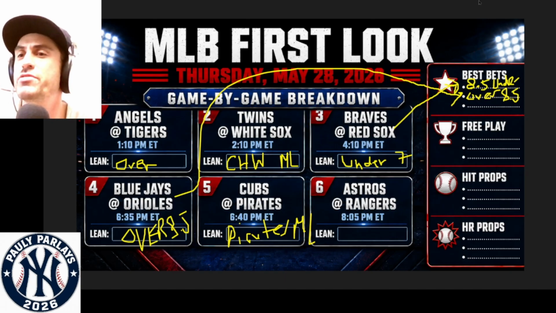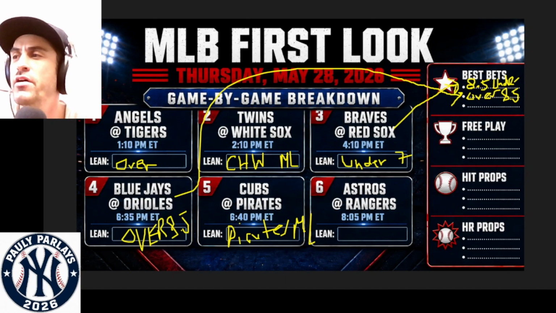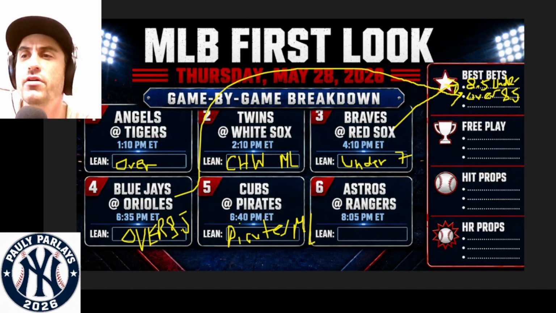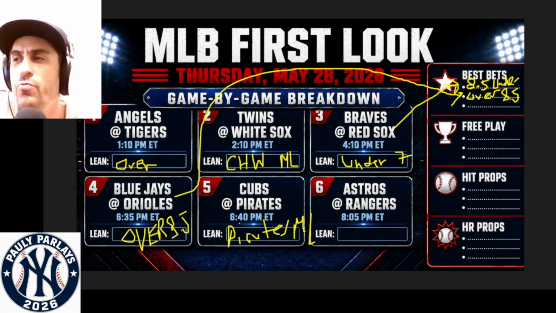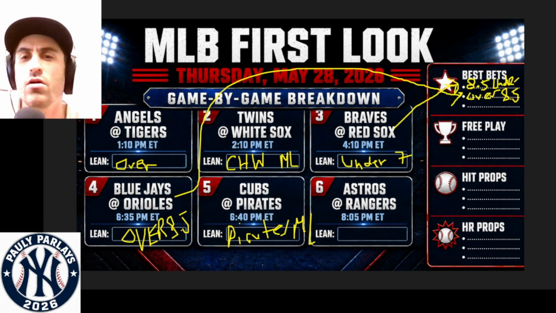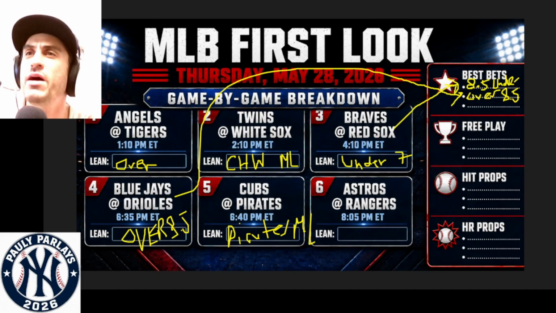Astros at Rangers. The AI is pointing to the Astros, believe it or not. We got Spencer Arrighetti on the mound, and he's pitching overall pretty well. On the flip side, Nathan Eovaldi taking the mound for the Rangers. He could also get a win, so don't count the Rangers out.